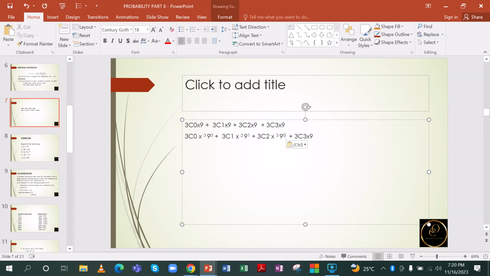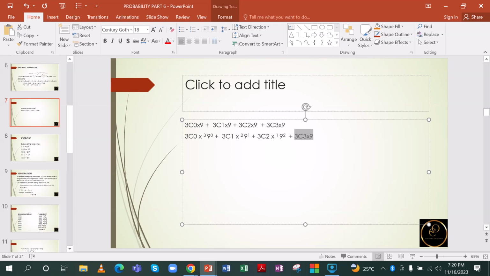So in this case, x will further drop by 1. So it will be 1 here. And then 9 will further rise by 1. So it will be 2 there.